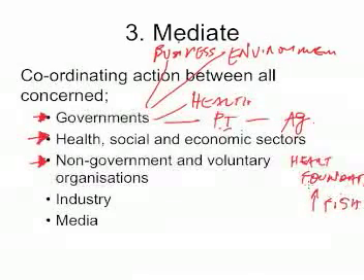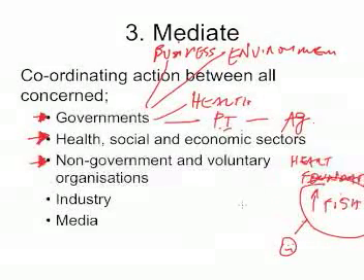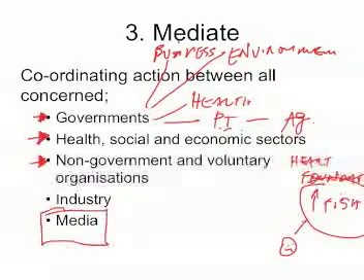So they need to give a new message to consumers, that is, that fish is still good, but you need to avoid certain other fish, to make sure that people are eating the right fish. Industry and also media is a very important conduit for all this activity, actually being able to get the right message across to the general public so that they can make their own informed decisions.